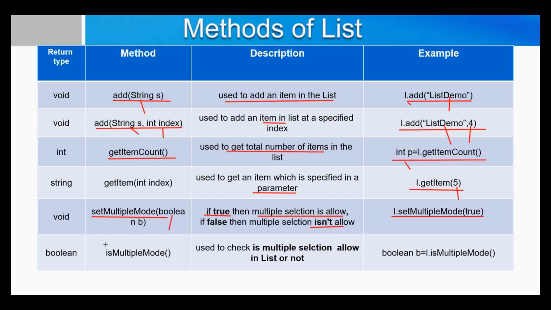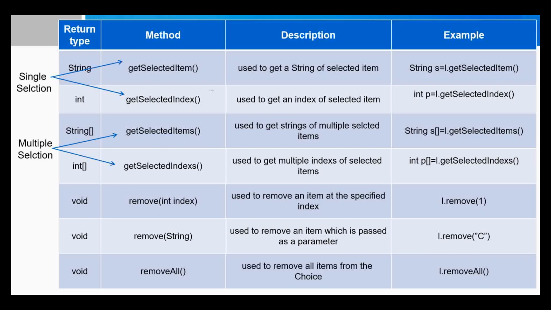The method isMultipleMode is used to check whether multi-selection is allowed in the list or not. We will store the result in a boolean object. Next methods are getSelectedItem and getSelectedIndex, which are used to get the string of the selected item and to get the index of the selected item respectively.